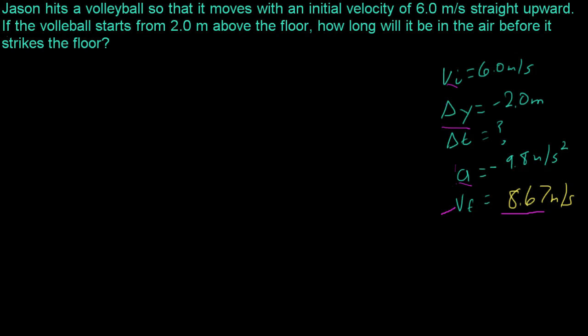Let's see. There you go, let's use the easy one. VF equals VI plus AT. Solve that for T. So what is it? T equals VF minus VI divided by A. So we just plug in here.